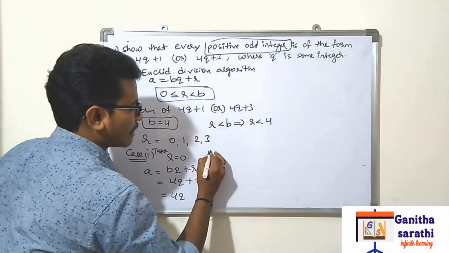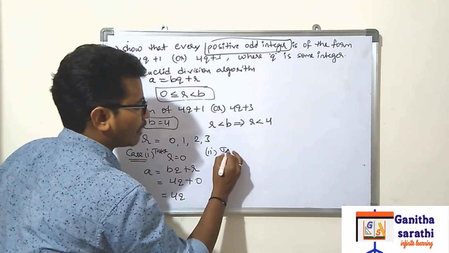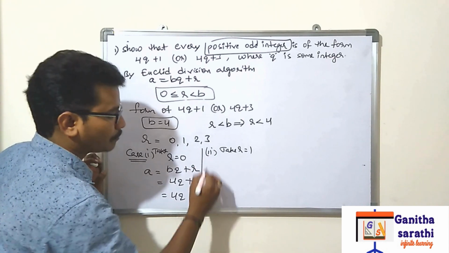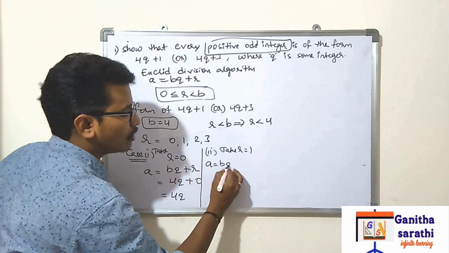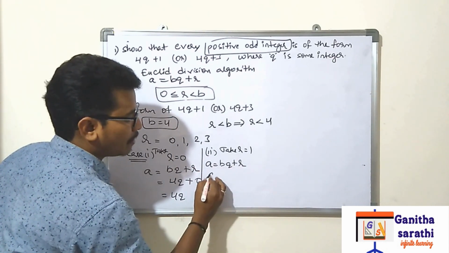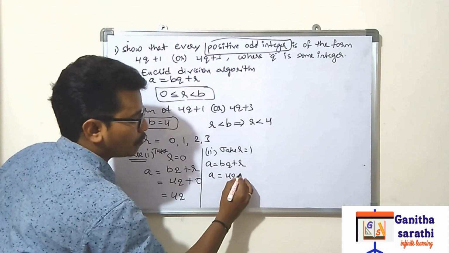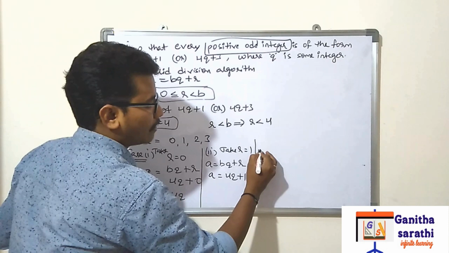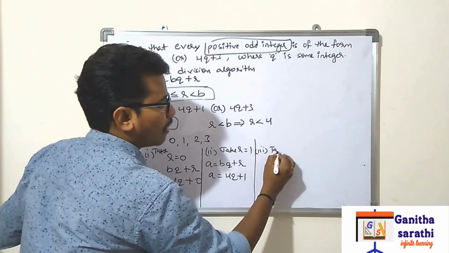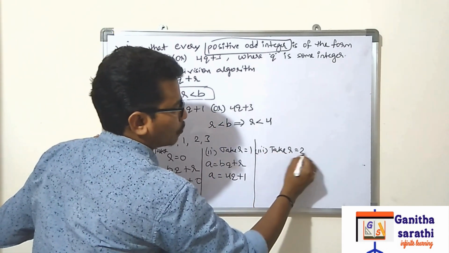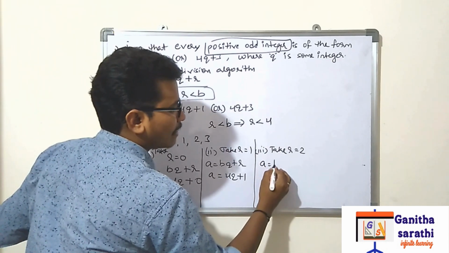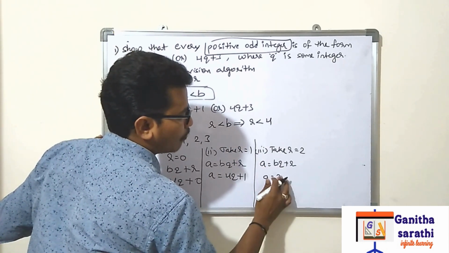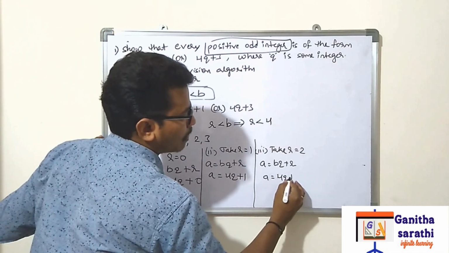Now the second case: take R equal to 1. If R is equal to 1, A is equal to BQ plus R, meaning A is equal to 4q plus 1. Next, the third case: taking R equal to 2, A is equal to BQ plus R. The B value is 4, so A is equal to 4q plus 2.